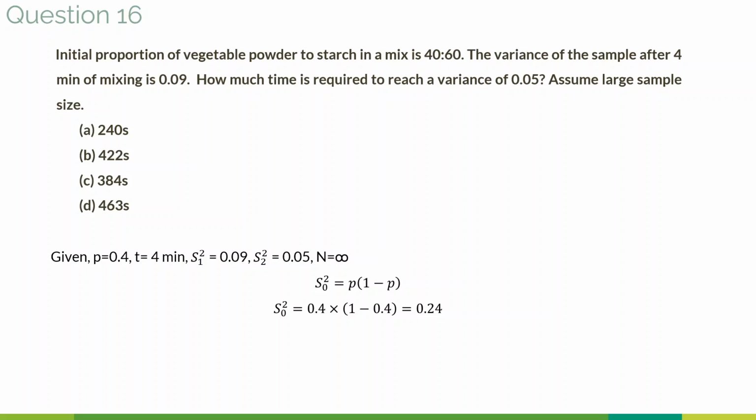So S naught square is 0.4 into 1 minus 0.4, which is equal to 0.24. And S infinity square is 0 because you're dealing with a large sample and hence you're assuming capital N to be infinity. So P into 1 minus P by capital N is the formula for S infinity square, and since N is infinity, S infinity square goes to 0.